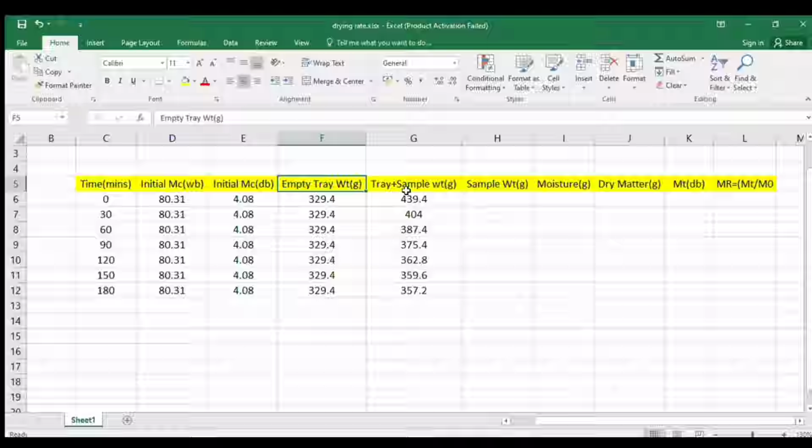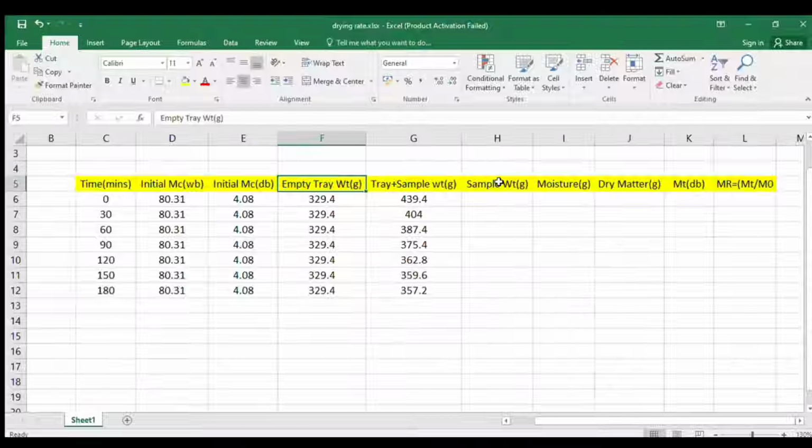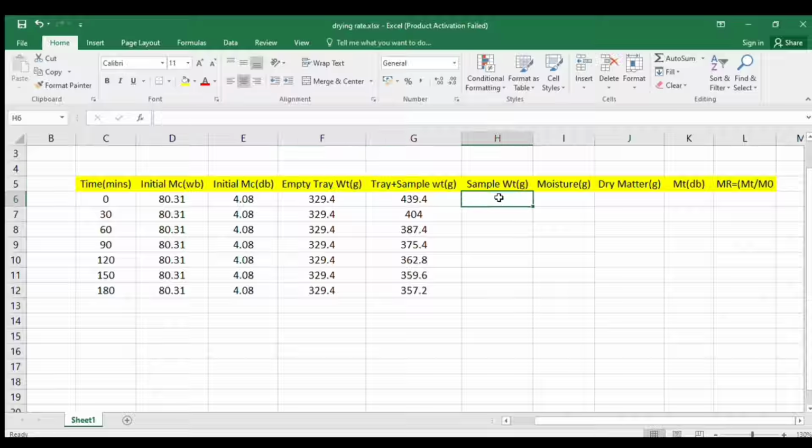Then this is the weight of the sample with this tray. From the weight of tray plus sample and just the weight of the tray, we can calculate the sample weight just by subtracting them.